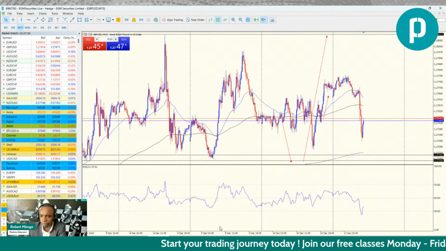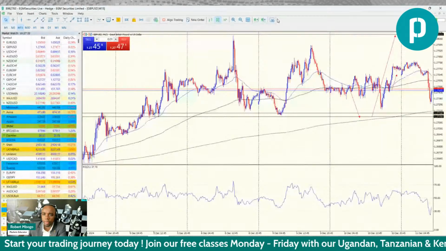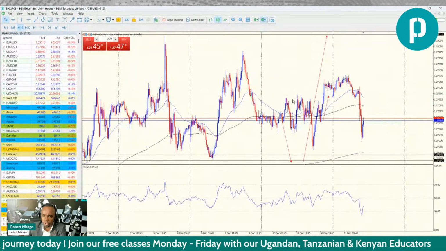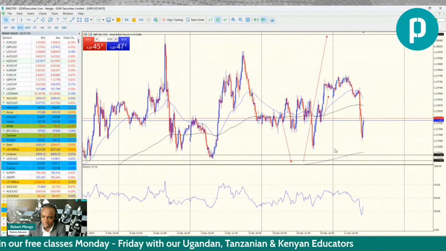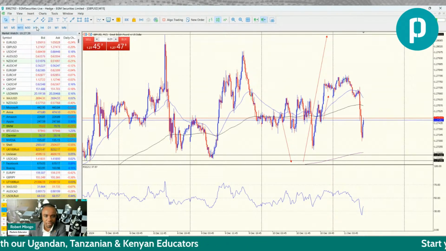GU, the analysis was yesterday. We were looking for GU to come down and test these areas and then go up. So we can see GU is yet to test those areas.